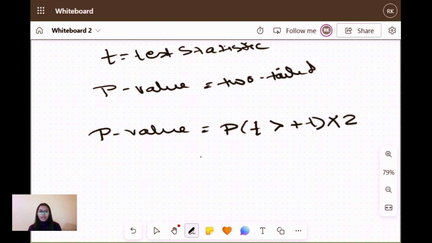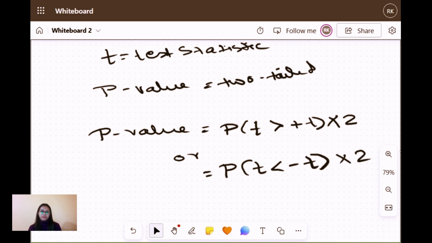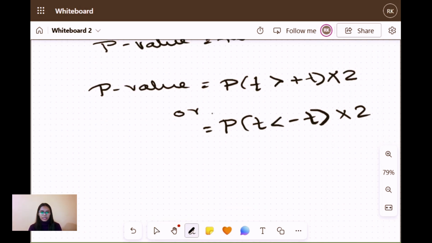But if we have t negative, then the p-value will be the probability of t less than minus t, and that value will be multiplied by 2. Okay, so this area, the p-value, is the probability like this.